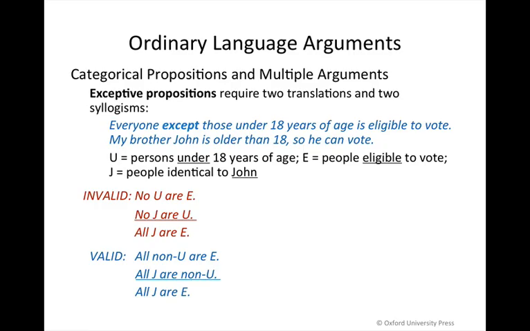Everyone except those under 18 years of age is eligible to vote. My brother John is older than 18, so he can vote. Now, first, we've got U for persons under 18 years of age, E for persons eligible to vote, and J for persons identical to John.